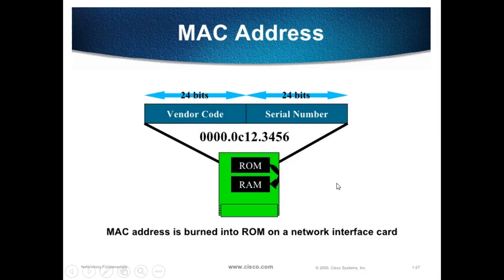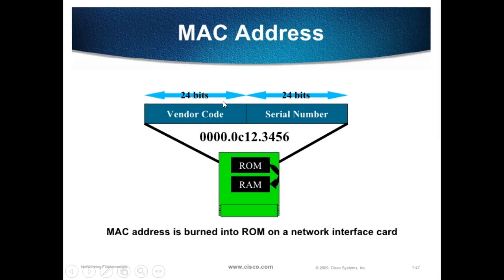As I told you, in the previous slide, the first 24 bits are a vendor code and the remaining 24 bits are a serial number. Which vendors manufacture the different LAN cards or network interface cards? Those vendor codes are burned into the ROM of their LAN card.